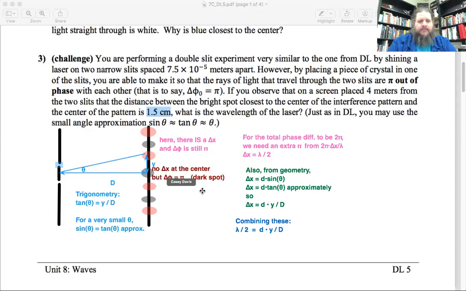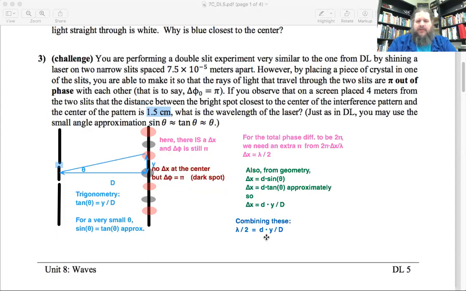Okay, so it can be anything that we are looking at. Yeah, it depends just on what angle we're looking at. The y value here is just the coordinate system. Y just represents the vertical distance to whatever spot on the wall we're currently talking about. And we're currently talking about the first bright spot beyond the central dark spot. So that distance, specifically the 1.5 centimeters given, is the distance for the first spot where we hit constructive interference.